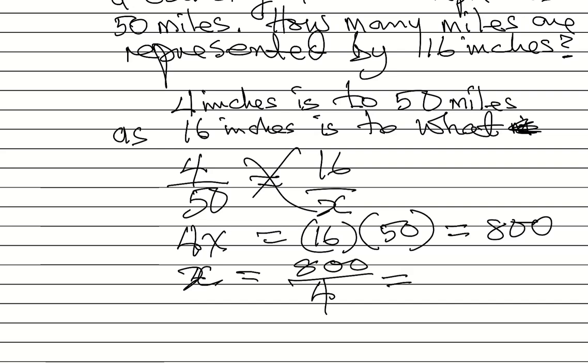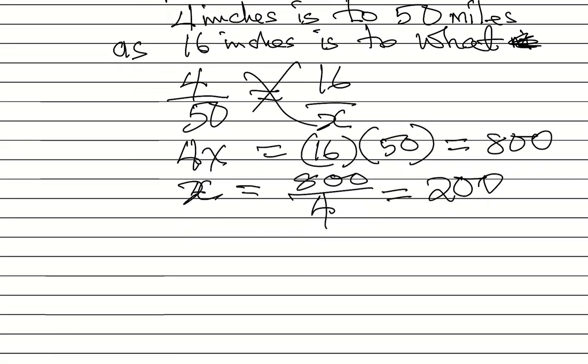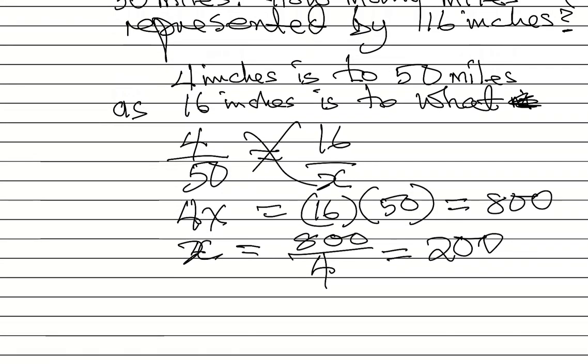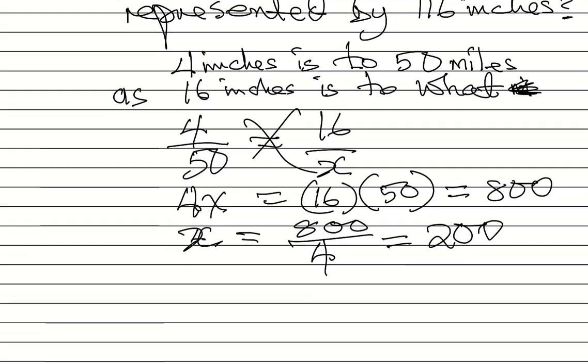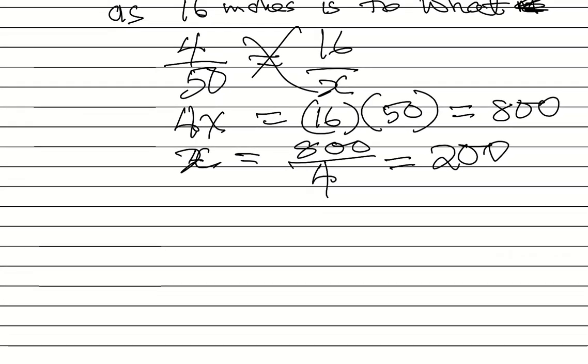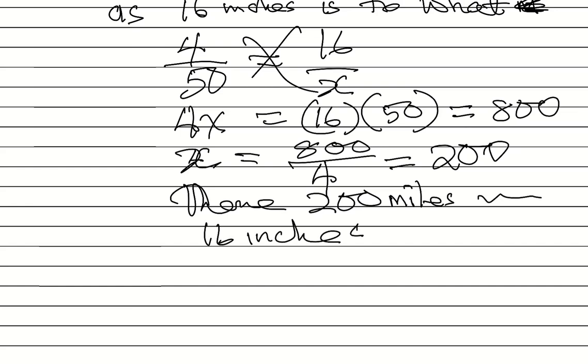You divide that out, you get 200. So that means you gotta know what the x is. X actually represents the number of miles, right? So that means there are 200 miles in 16 inches, right? That's what we just did.